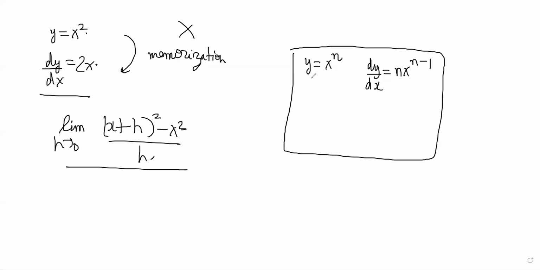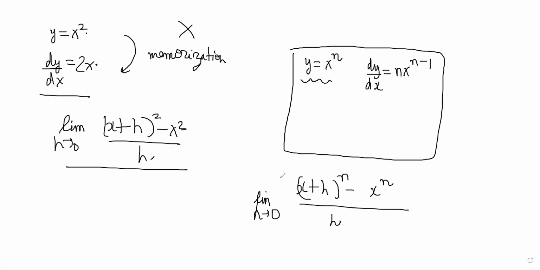Now, similarly, you can prove that if y is equal to x power n, you have x plus h power n minus x power n divided by h, limit of h tends to 0, right? That is the method to get the derivative of x power n. It turns out it will become n into x power n minus 1.